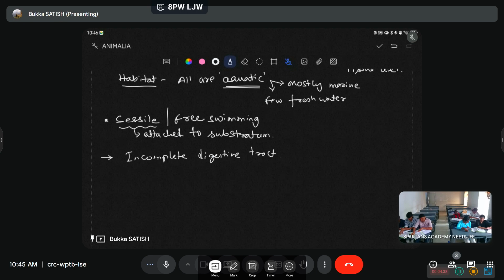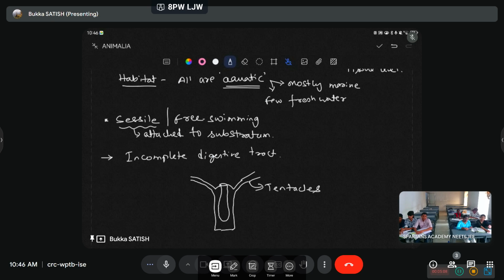Next, the digestive tract is incomplete, right? So they don't have the complete digestive tract. For example, if you see the hydra, this is how the body will be. These are tentacles, as you know.